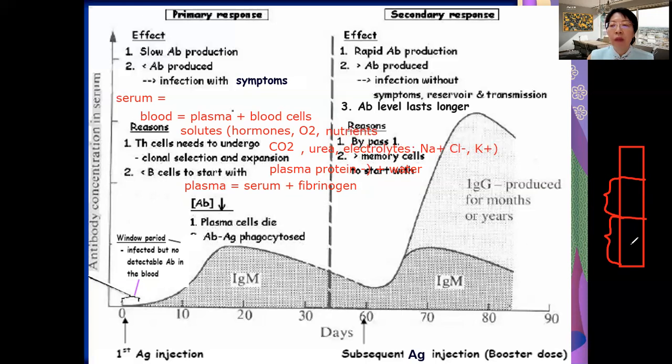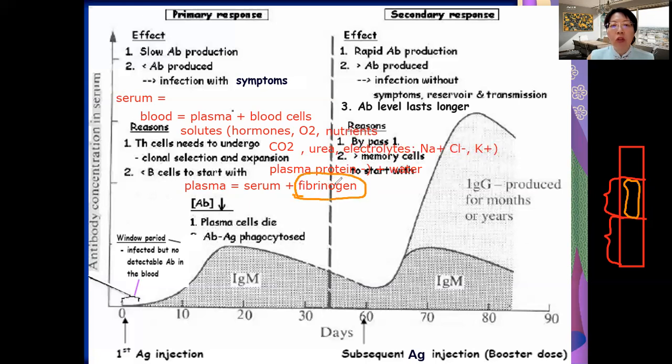That's why it's heavier. Now this plasma is very interesting. If you continue to leave it there for some time, you'll start to see a gel-like substance being formed. This gel-like substance is actually the fibrin. Fibrinogen exposed to the air becomes fibrin.